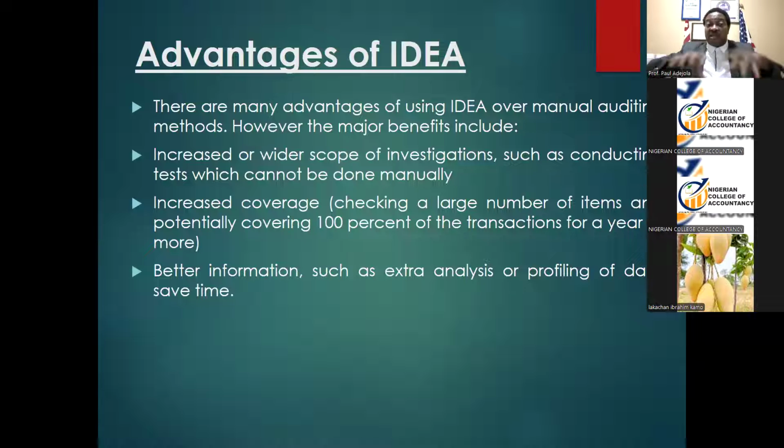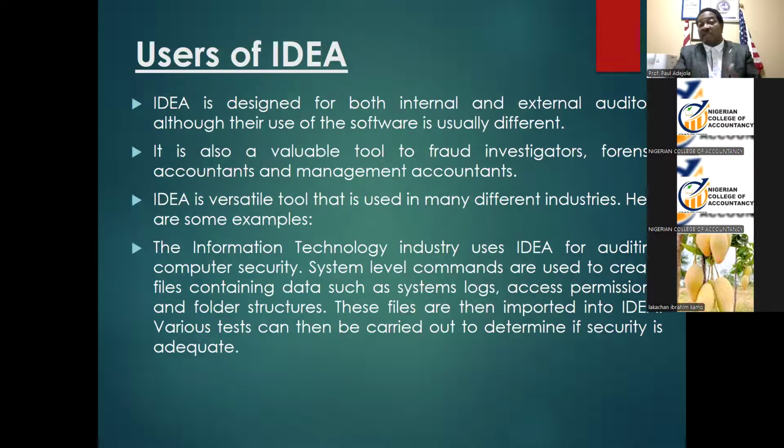Increased coverage, checking a large number of items and potentially covering 100% of the transactions for a year or more, so that external auditors will not give excuses again that they are unable to check all the records of particular customers or suppliers. IDEA will check everything. Then we have better information, such as extra analysis or profiling of data, and saving time.